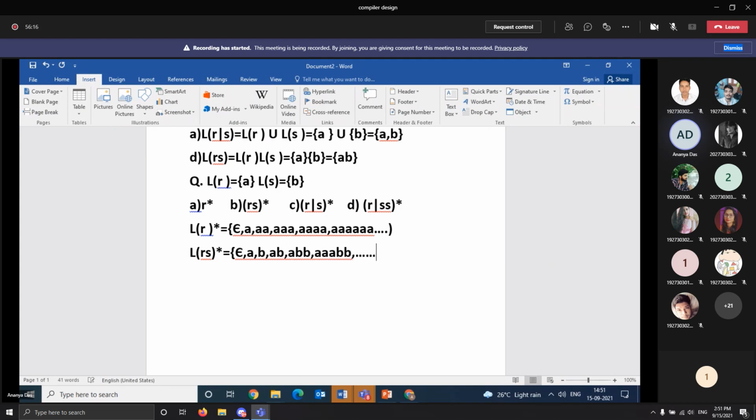These are some of the combinations I have written: these kinds of strings are allowed when you opt for such a regular expression for specifying the tokens.